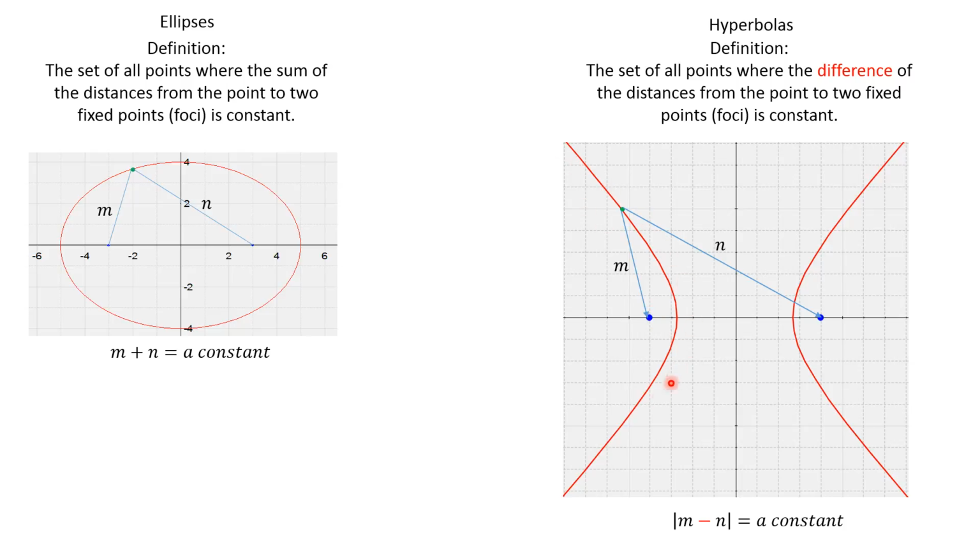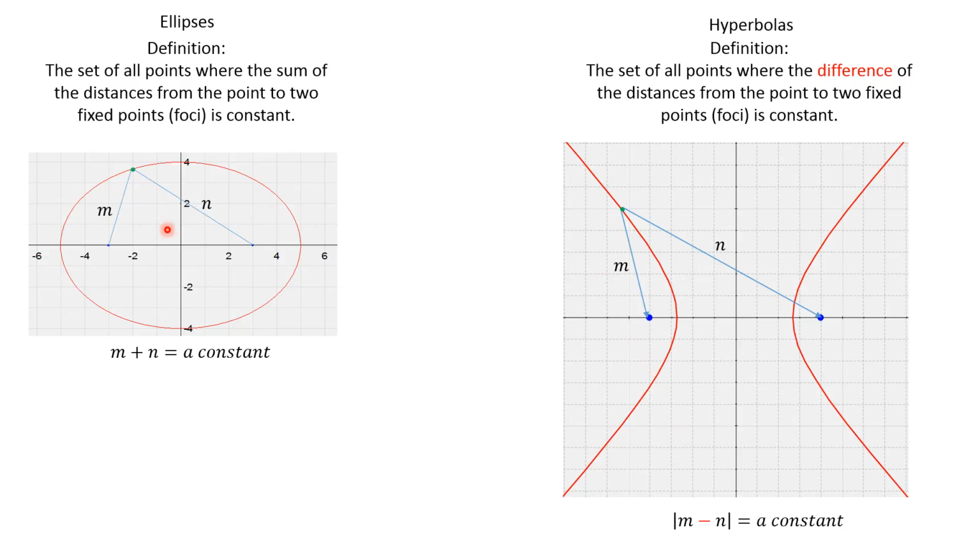One of these, this one over here, is going to be n minus m, and this one over here is going to be m minus n. But it's all still the hyperbola. So we just need to do the big one minus the small one, or make it positive afterwards.